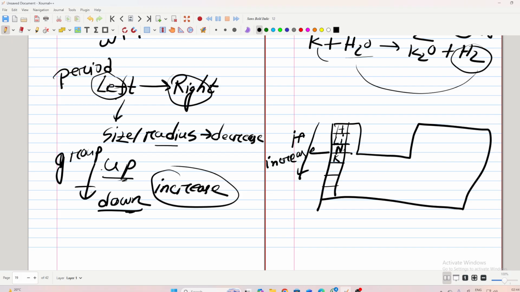Just assume after sodium, magnesium comes, then aluminum, then silicon, right?